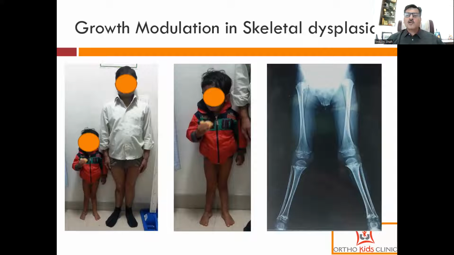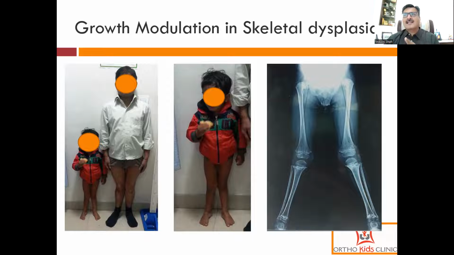Now, growth modulation can also be used in skeletal dysplasia. Now, this child and his father, they are known cases of metaphyseal chondrodysplasia. The correction is a bit slower in skeletal dysplasia because the physis is sick.